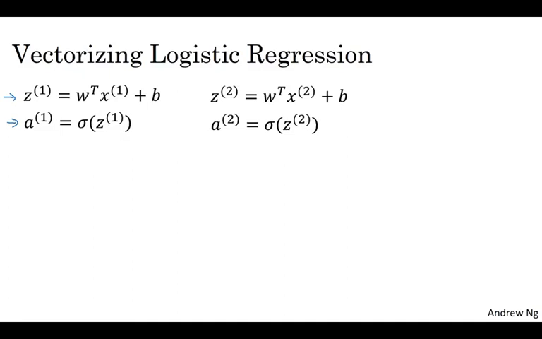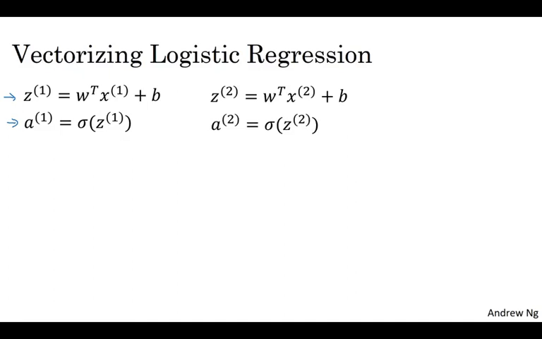Let's first examine the forward propagation step of logistic regression. So if you have m training examples, then to make a prediction on the first example, you need to compute z using this familiar formula, then compute the activation, let's compute y hat on the first example. Then to make a prediction on the second training example, you need to compute that.